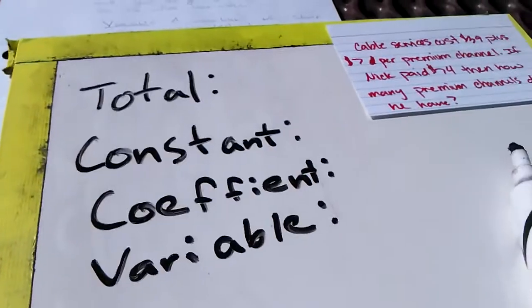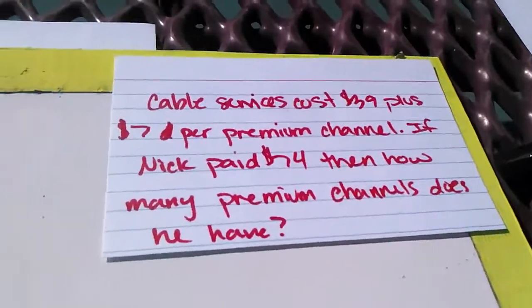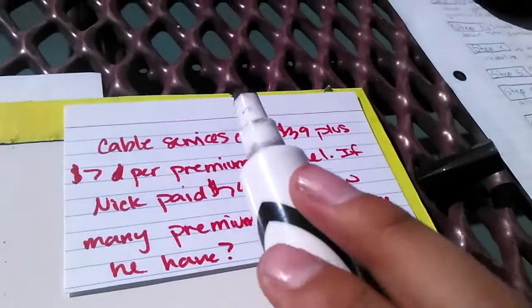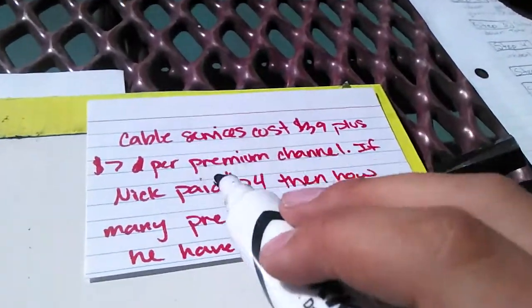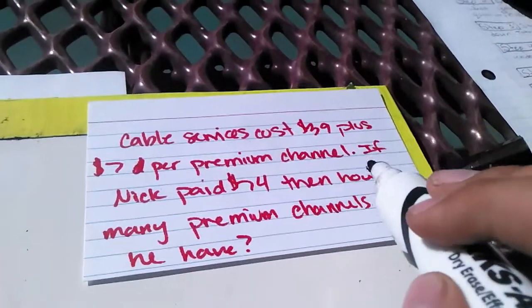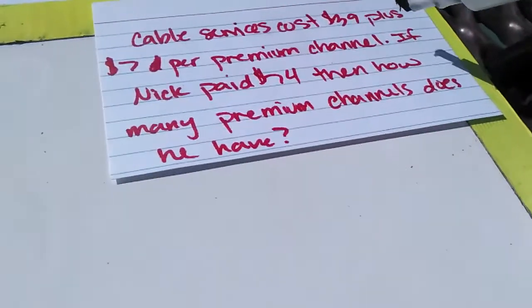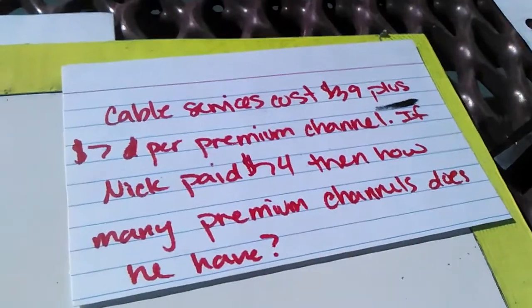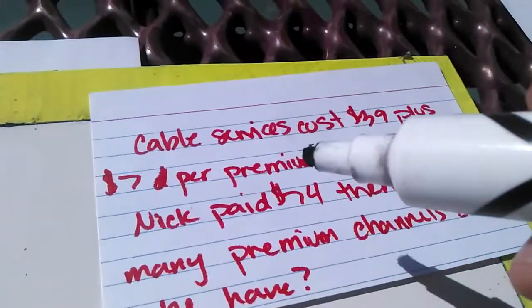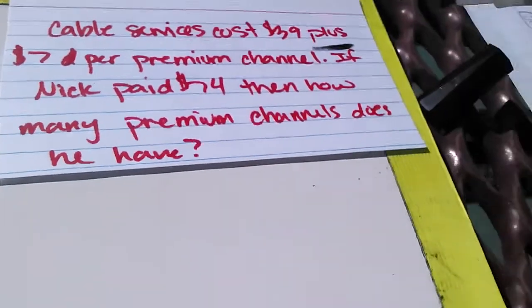Just like that. So the next step into solving it is to go through the word problem and figure out any key words. Cable services cost $39 plus. So plus would be an addition, so I'd underline that. And then $7 per premium channels.